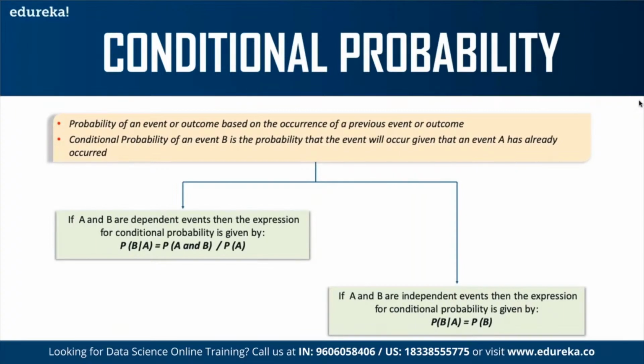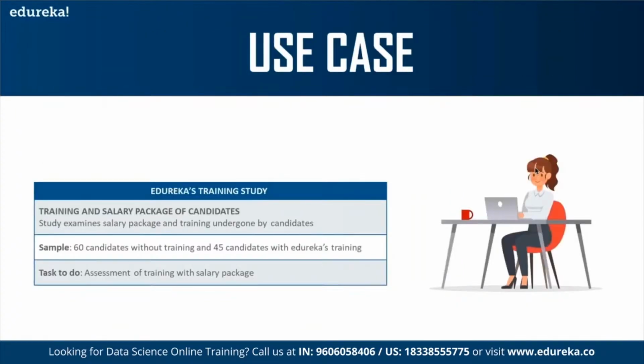And a simple use case for this one can be different salaries. Suppose we are going for training and salary packages of candidates, right? Now we are taking a sample of 60 candidates without training and 45 candidates with Edureka's training, right? And here the task is the assessment of training with salary packages offered for these individuals, right? 60 without and 40 with training, right?